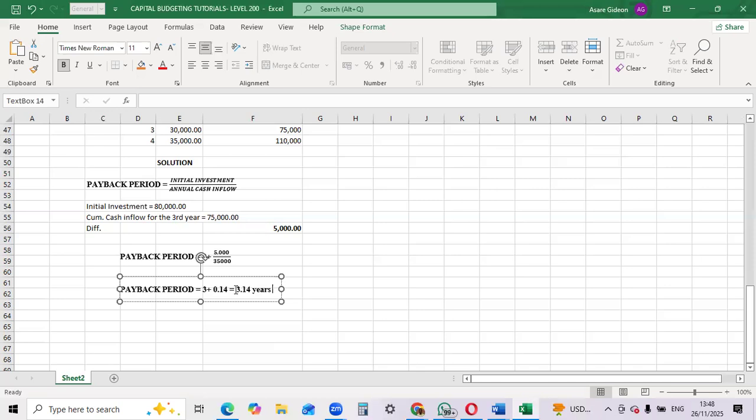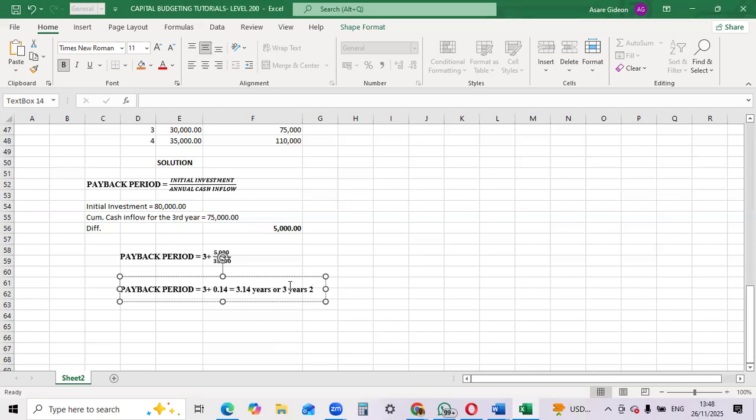Or you can multiply this by 12 to get it in months. Or 3 years, let's say 2 months. Because when you multiply the 0.14 by 12, we're going to have 1.7. So let's approximate it to the nearest whole number.